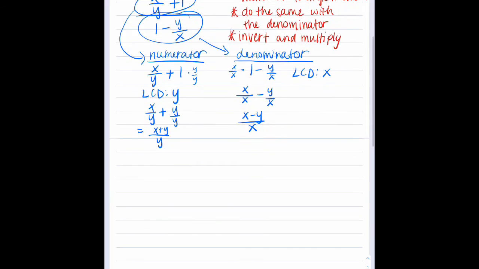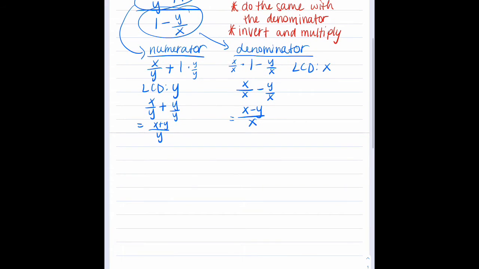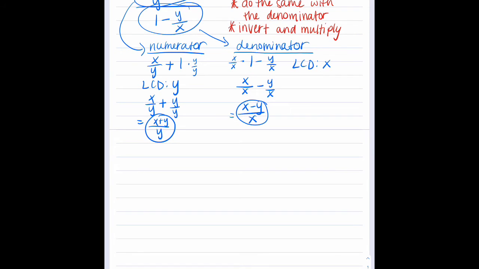Okay, so now we can combine our numerator and our denominator. So that's our next step, invert and multiply. So let's put those back together. Let's take our original. So our numerator is, instead of that x over y plus 1, we now have it as x plus y over y, that's our numerator, all over x minus y over x.